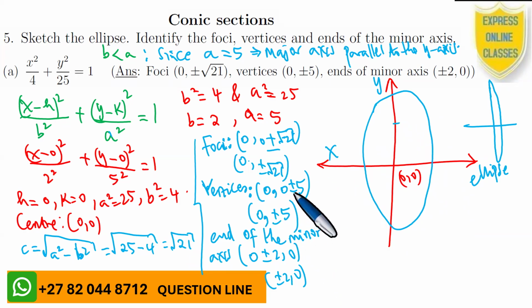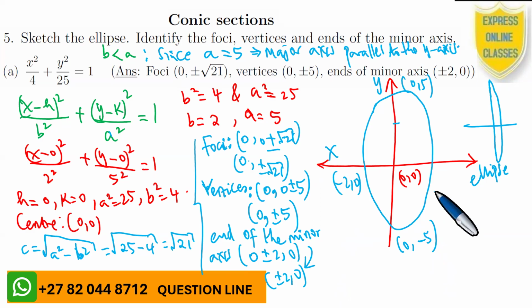Okay, the vertices will be at 5, and then would be at 0, 5, and then 0 minus 5. The minor axis would be at negative 2, 0, and then 2, 0.